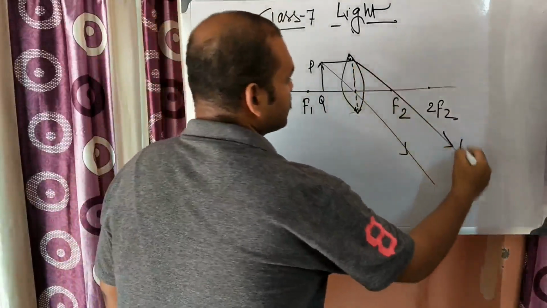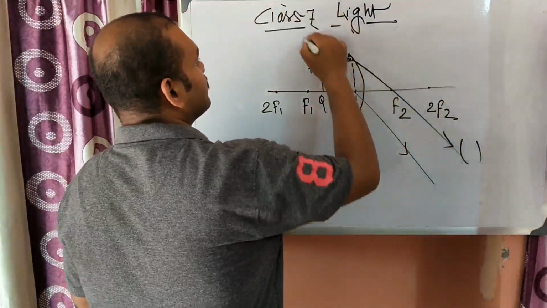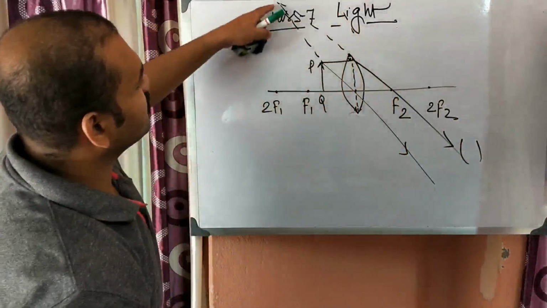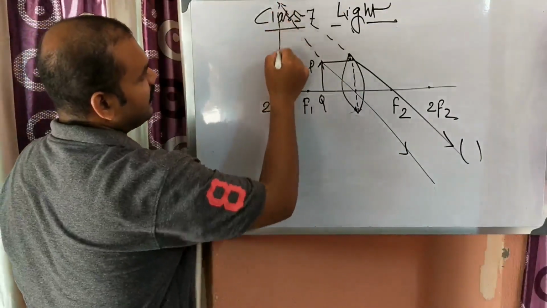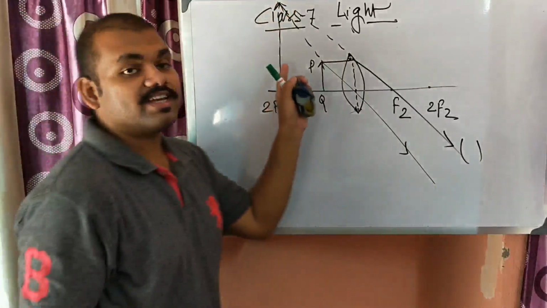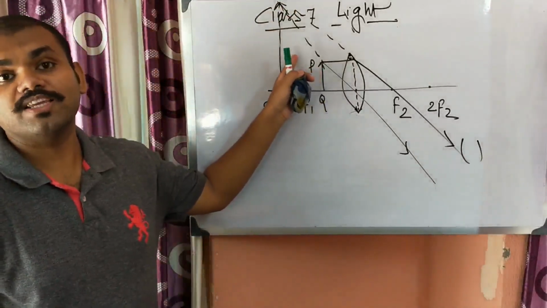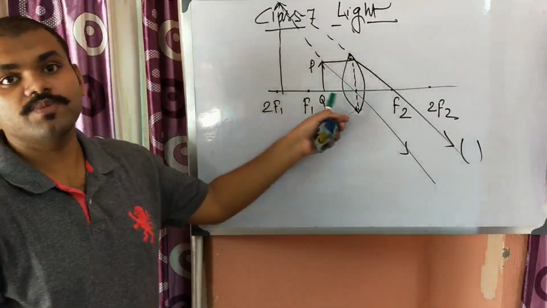If we are seeing from this side, we can see that they appear to diverge from this point. So we will get a highly magnified but virtual image on the same side of the object.